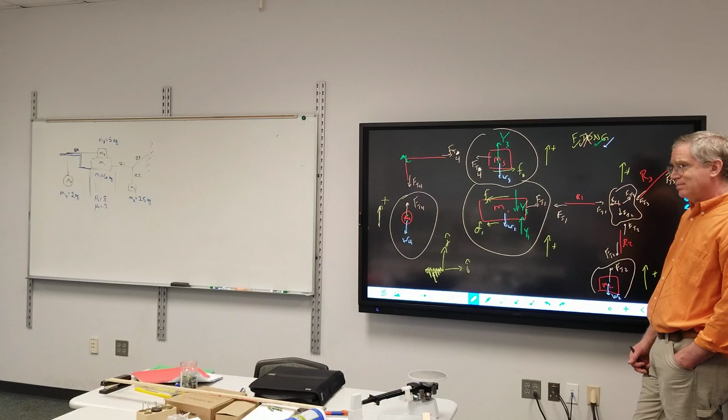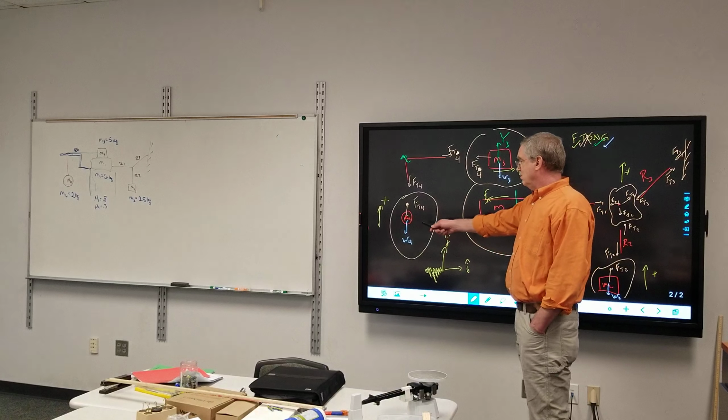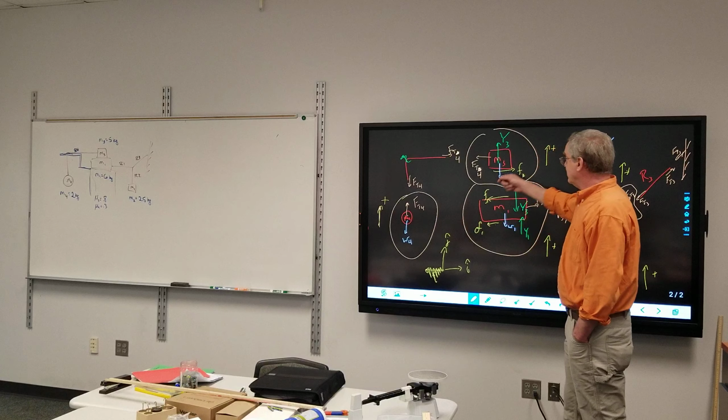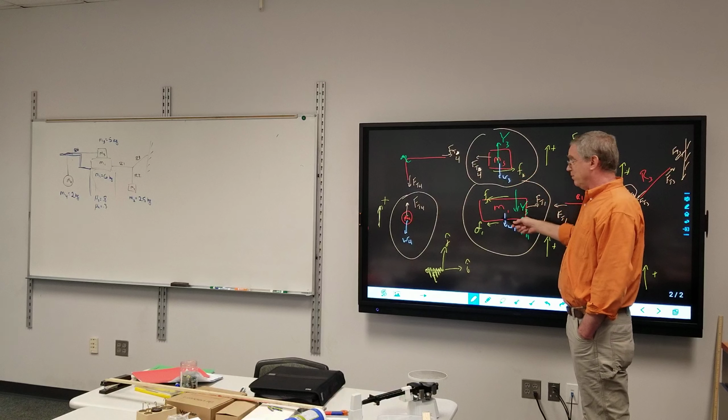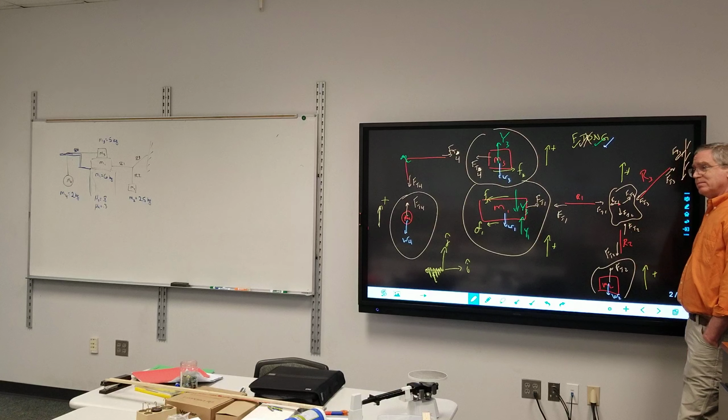I don't understand how doing M4 helps us figure out what the tension of rope 3 is. Because what's happening in M4 affects M3. What happens in M3 will affect M1. What happens in M1 is going to affect this. So that's how it all ties together.